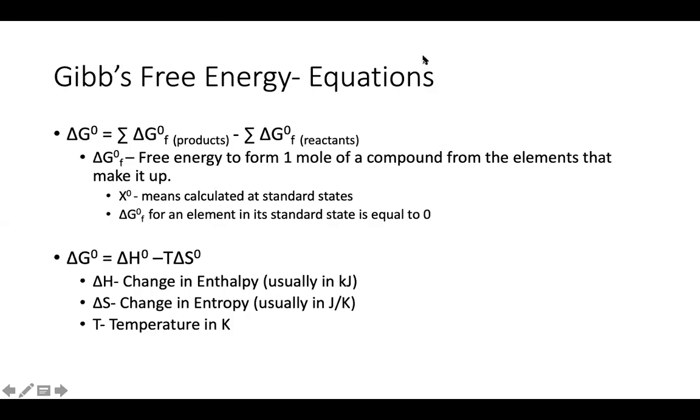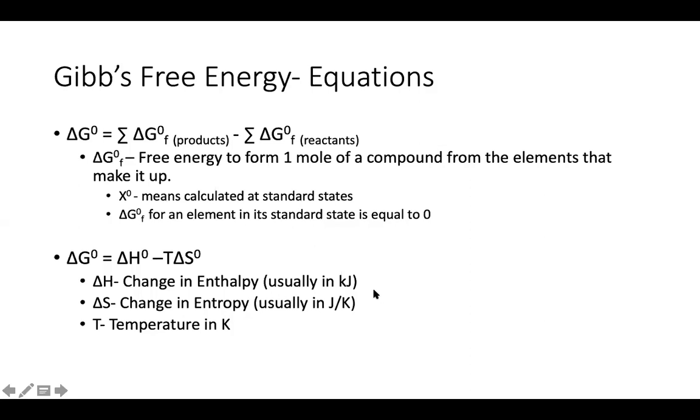Okay, before I move on, I think there was just a question. Somebody asked in the chat, is entropy sometimes given as joules per mole Kelvin, or is that something else? So to clarify, delta H and delta S are technically both given per mole: delta H would be given in kilojoules per mole, and delta S would be given in joules per mole Kelvin.